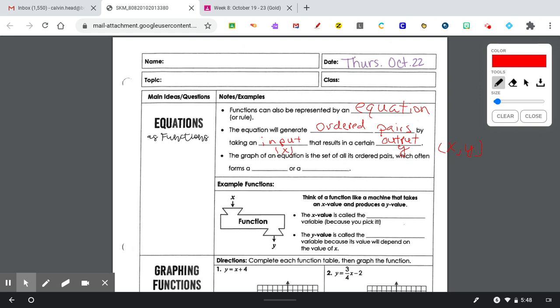The graph of the equation and all set of ordered pairs will form a line, or it could form a curve.